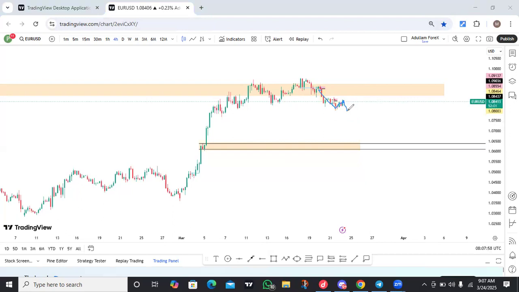If I see any setup that shows in line with the bearish movement, I'm going to be looking to take a short, right? So if price is to come down for a retracement, this is the possible point where I'm expecting to see confirmation here for a buy.